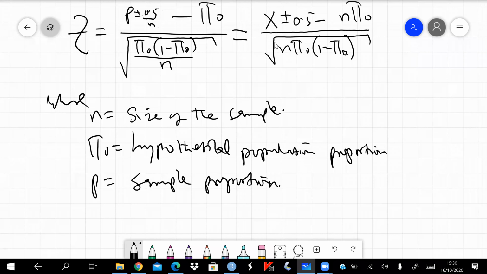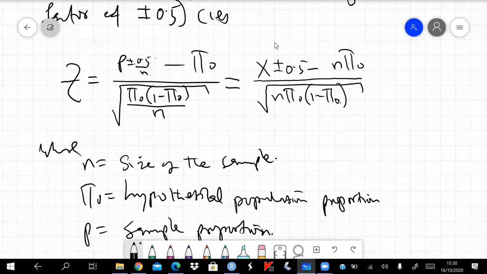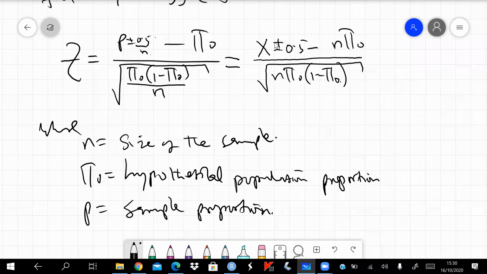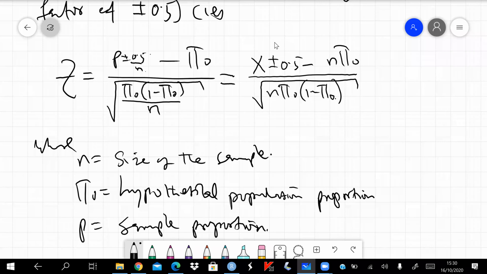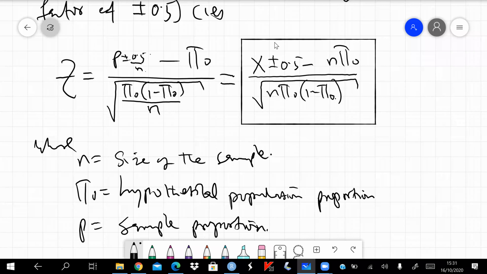So it's good for you to note what is happening here with the correction factor when we're using the sample proportion and when we're using X, which is the number of successes. Maybe the second version is a little bit easier to work with. But if you work with the second one or the first one, the answer will always be the same.